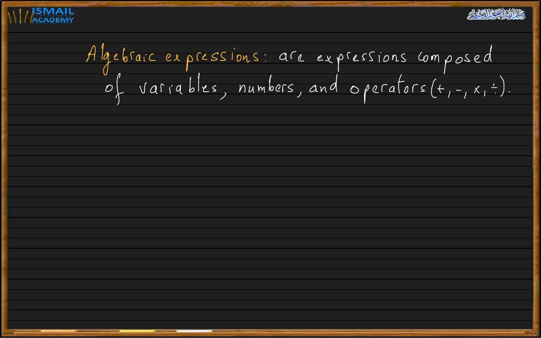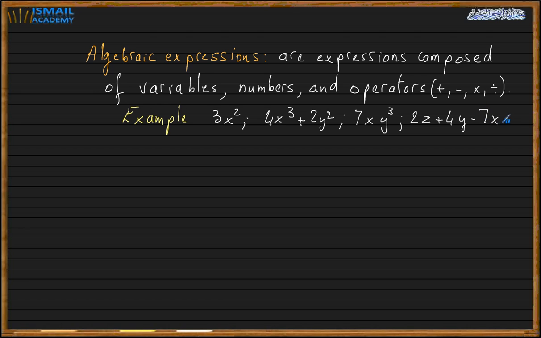Let me give you an example of algebraic expressions. For example, 3x squared, 4x cubed plus 2y squared, 7xy cubed, 2z plus 4y minus 7x, and so on.